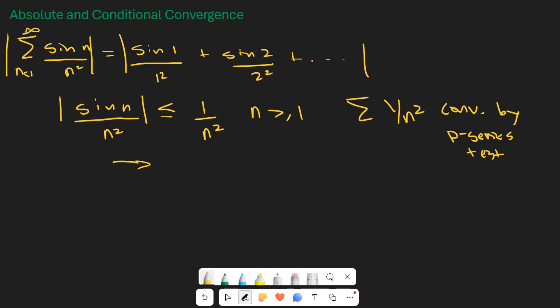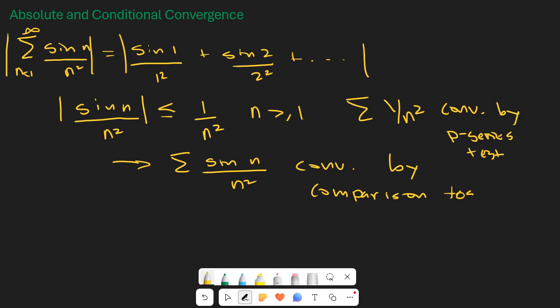So we have that the series of sine of n divided by n squared converges by the comparison test.